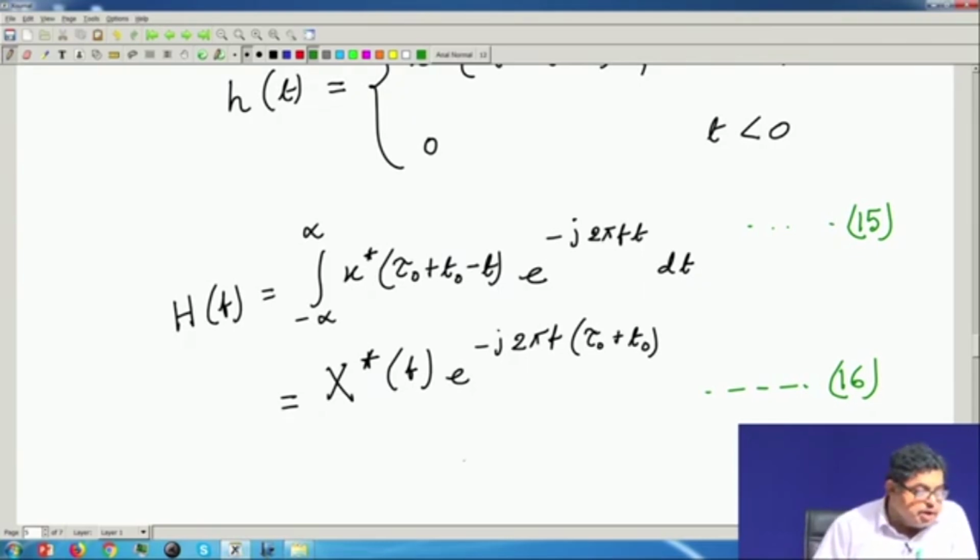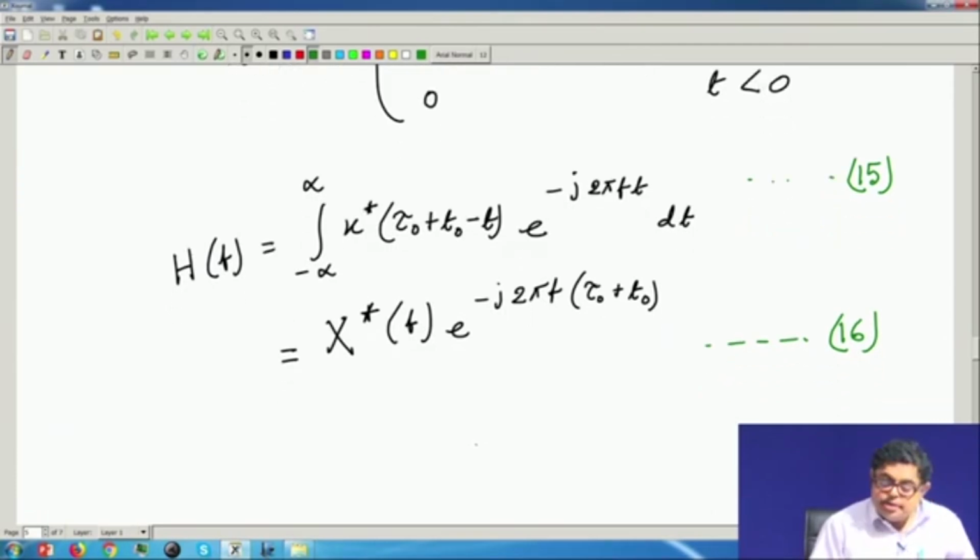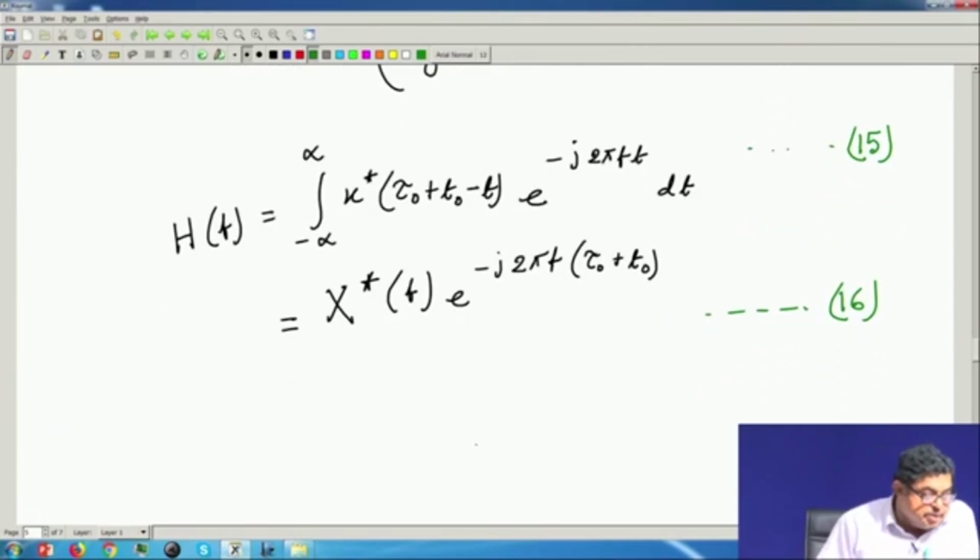Now what I can say is, let us find out what the output signal value is. So x naught of t, that means the output signal, let us have that expression.